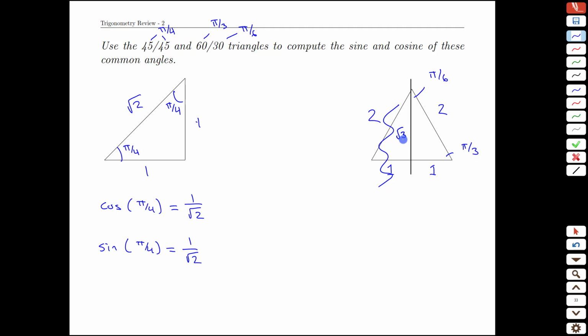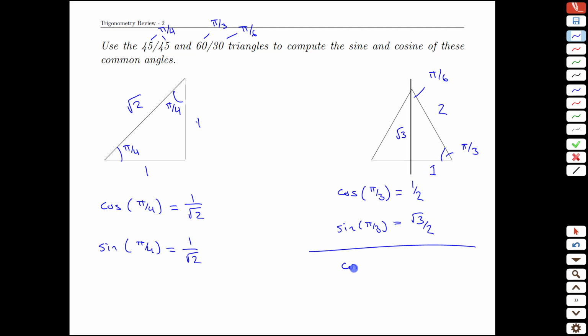If you use Pythagoras, you'll find that this vertical side has length root 3, and from there we can find the ratios we're interested in, such as cos of pi over 3 and sine of pi over 3. If this is our base angle here, the cosine is a half, 1 over 2, adjacent over hypotenuse, and the sine is the opposite over hypotenuse, root 3 over 2.